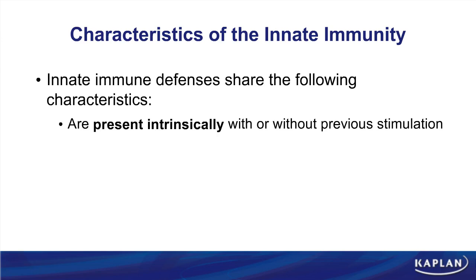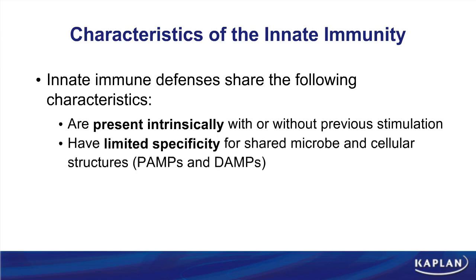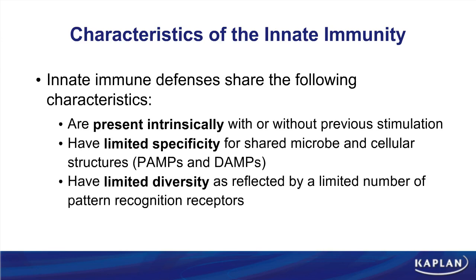But here are some of the limitations. The innate immune response does have limited specificity. It is only capable of recognizing shared patterns or structures among the different pathogens. Due to this limited specificity, you're going to also see limited diversity, as these cells also have a limited number of receptors that recognize these different patterns.